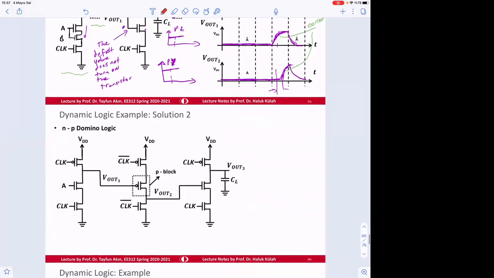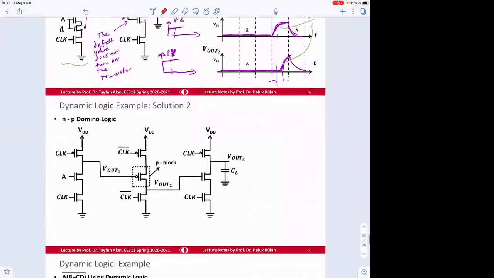So another nicer solution is to use NP domino logic. So what does that mean? So here the solution is, this is N block, and here we use P block, and then we use N block again.